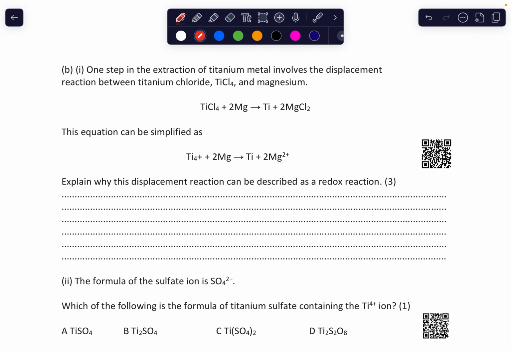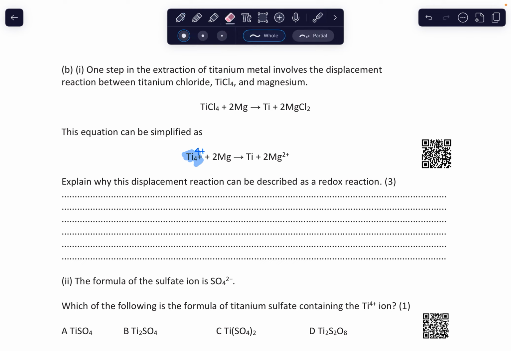Okay, good question. So, let's look at the titanium first. So titanium here, this is a 4 plus ion. Before we do that, let's look at what happens to it over here.